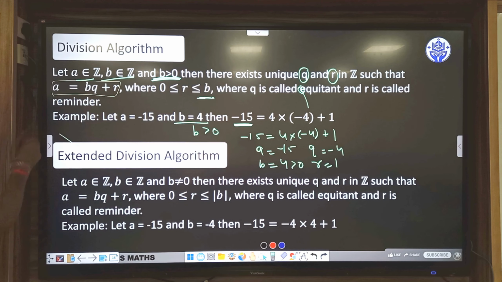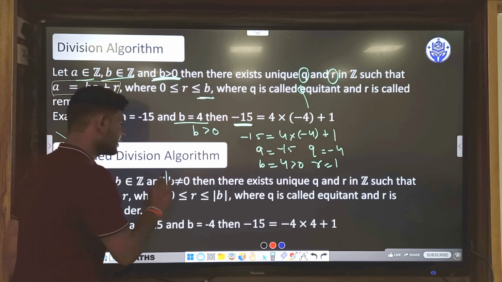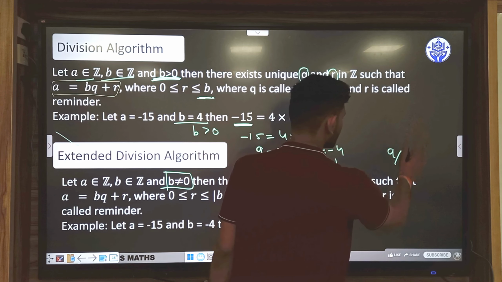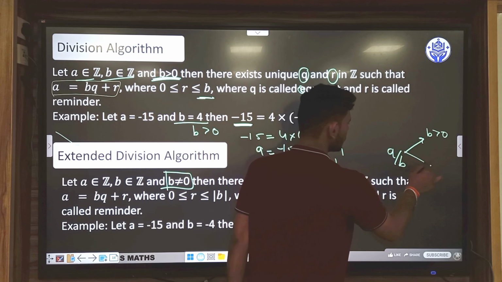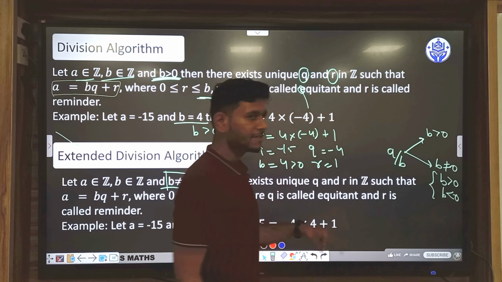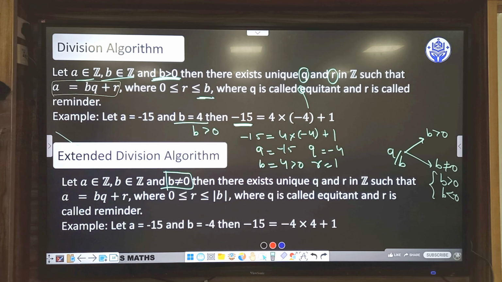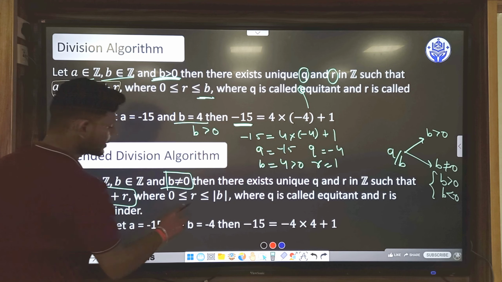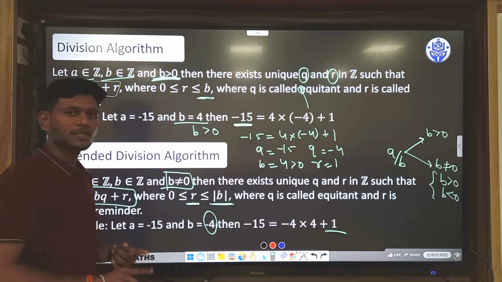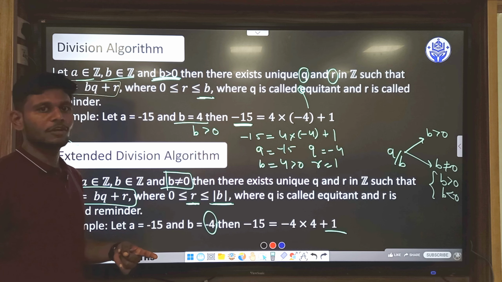Now here is the extended division algorithm. It means if your B is non-zero, that is, if you are dividing A by B, the first case is B greater than 0, and the second case is B not equal to 0. It means my B can be greater than 0 or less than 0. This is called the extended division algorithm. Here the difference is that R is taken with modulus of B. So if B is minus 4, then R will be 0, 1, 2, 3, not 4.